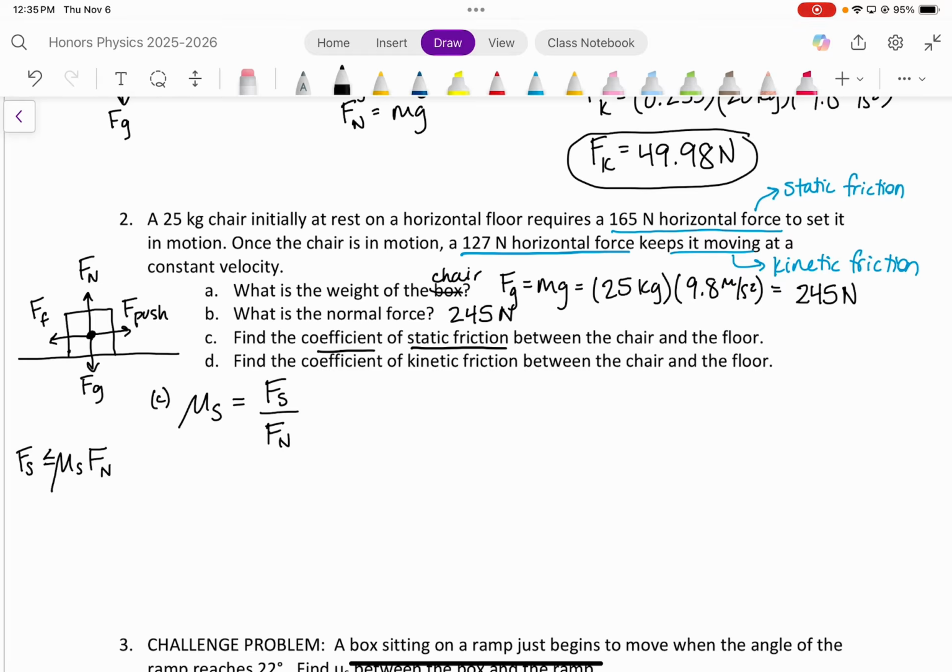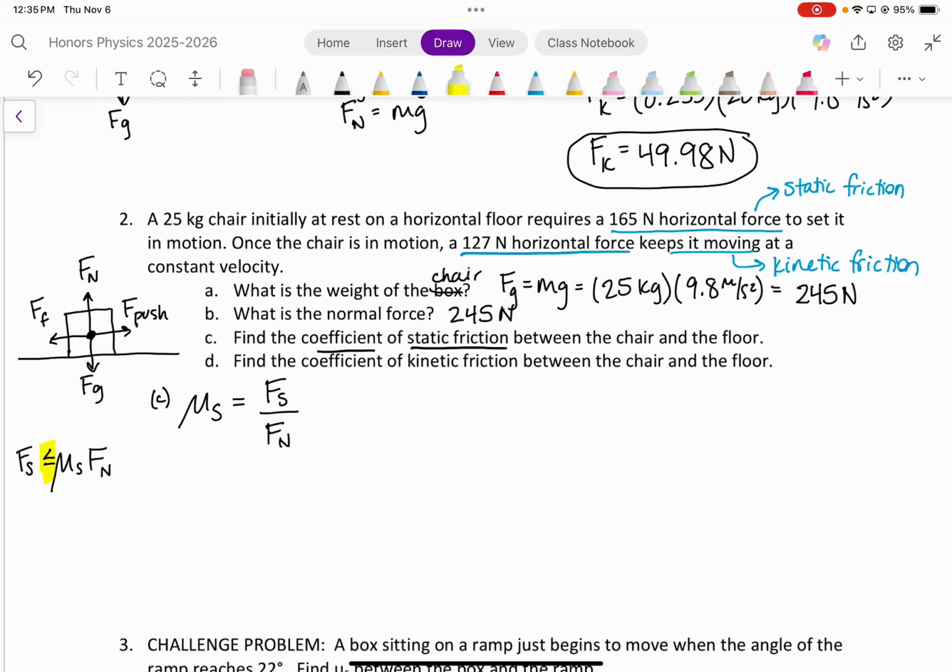This equation, Fs less than or equal to mu s Fn, has a less than or equal to because remember we talked about how static friction is kind of like normal force. If I push on my water bottle with less force than the maximum static friction, my water bottle isn't going anywhere. I have to push with the maximum amount of static friction before it will start to slide across the floor.